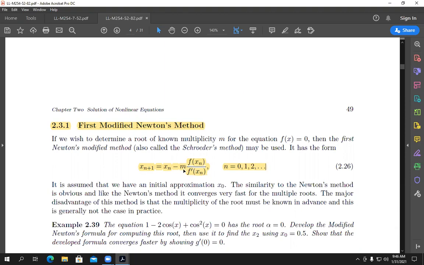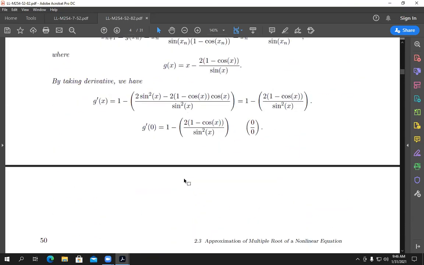Alpha, the exact solution, must be given. Let's say alpha is not given. Can I use this formula? No, because I cannot find m. So we can use this modified formula when alpha is given.